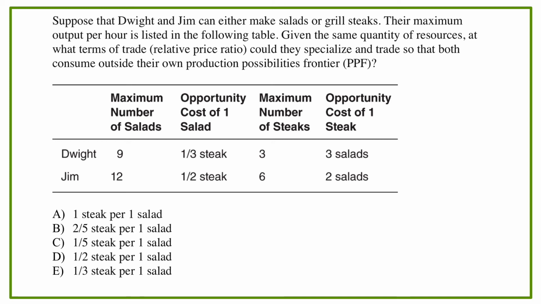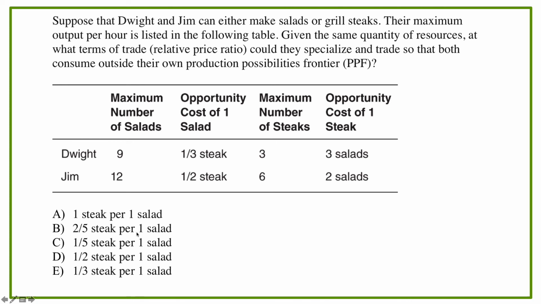To solve this question easily, I would say you have to first check the options. In the options, as you can see, the answers are always steak per 1 salad. So first of all, you have to decide which column you have to use. Do you need to use the opportunity cost of 1 salad or the opportunity cost of 1 steak?